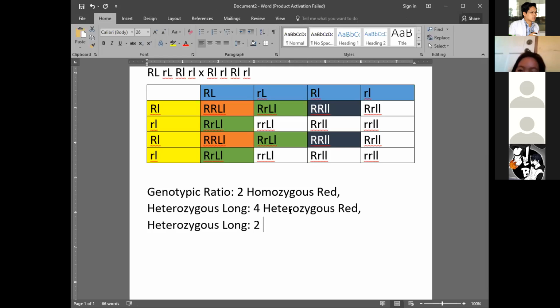What is that? Homozygous red, short. Correct? Yes, sir. Because there's no heterozygous and homozygous in short. Remember that those are recessive alleles or recessive genes. Is 2.